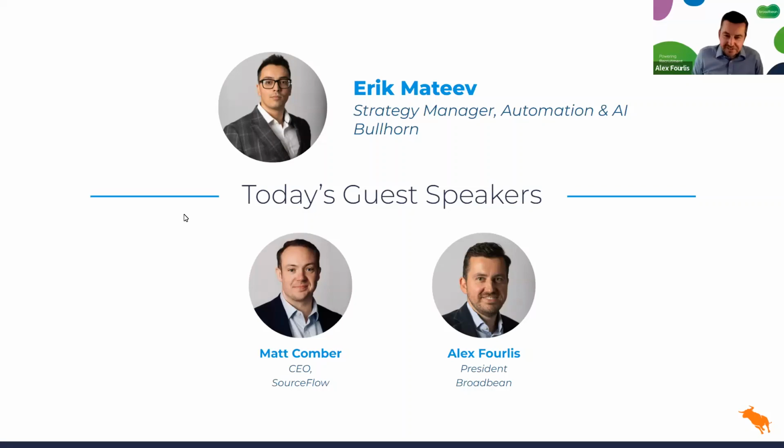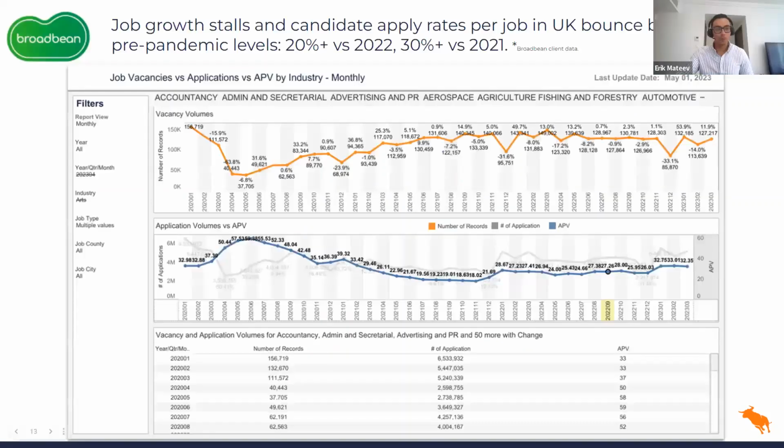Yeah, thank you. I'll go to the next slide for you. All right. So obviously we are witnessing another change in a labor market, which has been very turbulent the last years, right? So as we see, this is a chart that shows collective clients data in the UK, which represents, as you see, hundreds of thousands of jobs every month and millions of applicants, right?